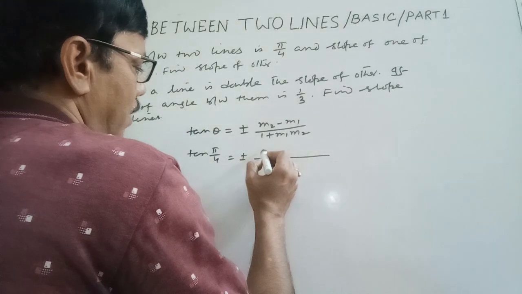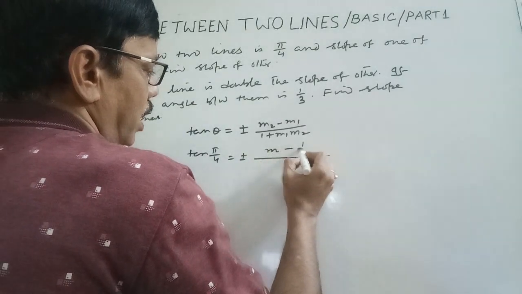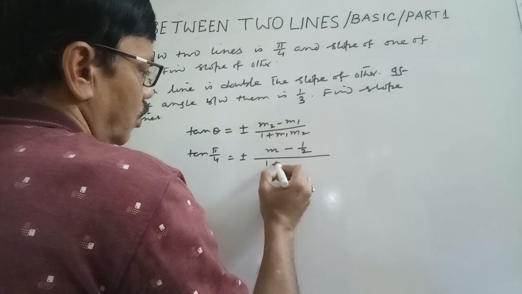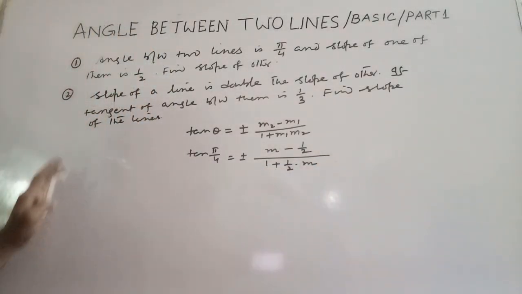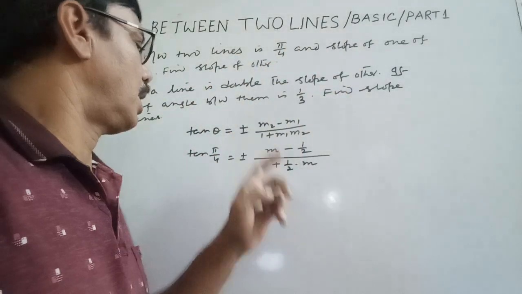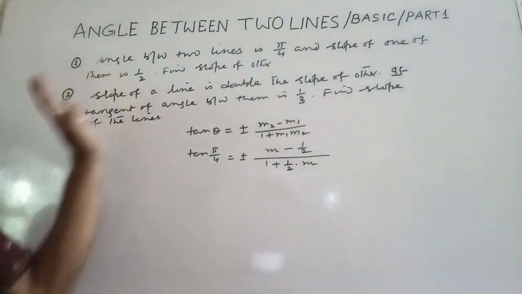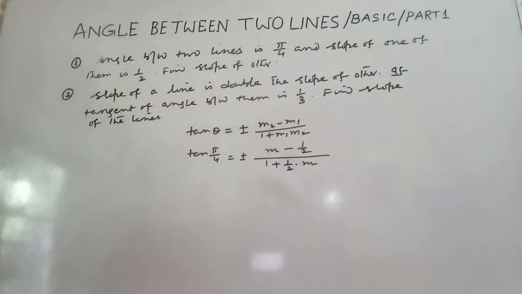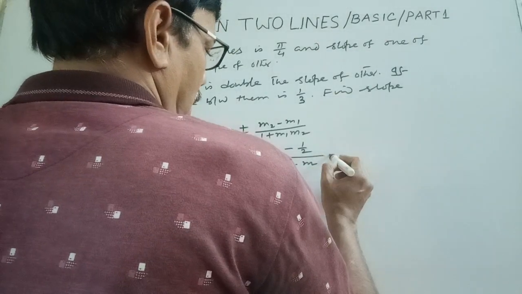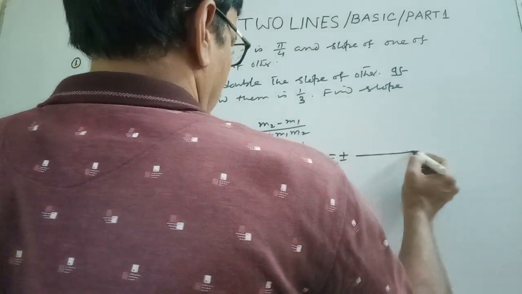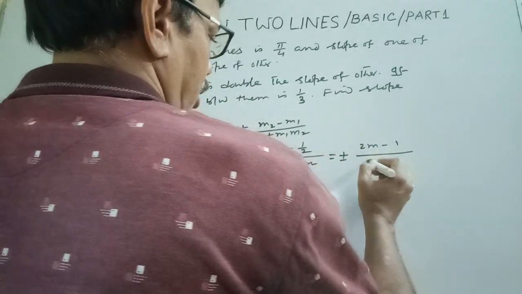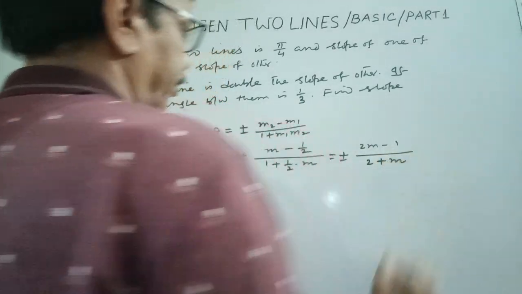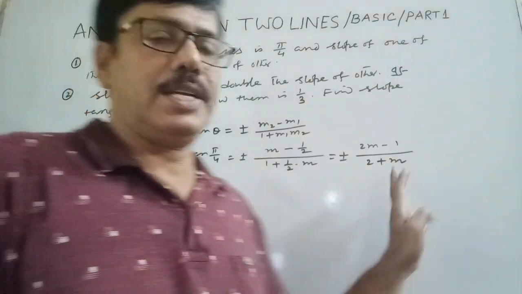So we are considering the slope of the line as m, and the other slope is given, that is half. So plus minus, if we simplify, (2m minus 1) by (2 plus m). So we are getting this result.